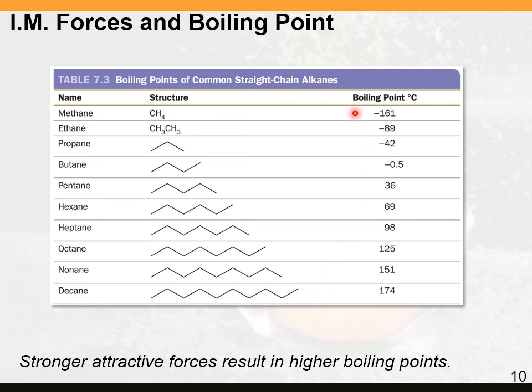And look at the boiling points of the series. As the molecules get bigger, as the intermolecular forces increase, boiling points also increase, which means that stronger attractive forces result in higher boiling points, or vice versa. Weaker attractive forces would result in lower boiling points.